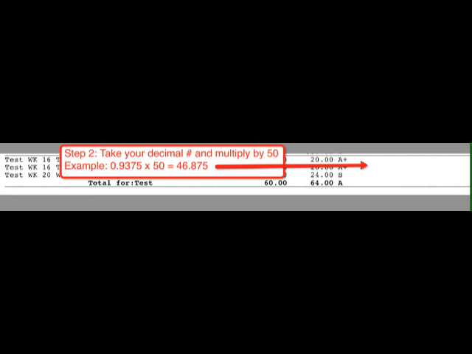In step 2, take your decimal number and multiply it by 50. In this example, 0.9375 times 50 equals 46.875. Write this number next to your tests and quizzes section.